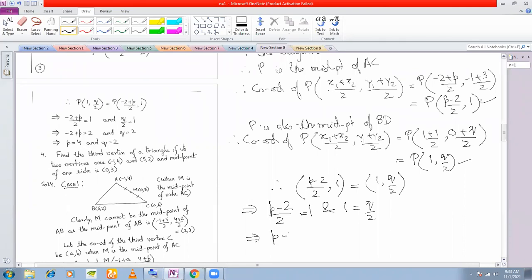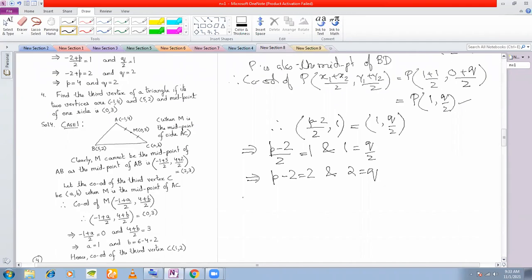Both the equations: p minus 2 is equal to 2 and 2 is equal to q. So that means you get p is equal to 2 plus 2, which is equal to 4, and you're getting q is equal to 2. Okay, so that is what you have to find. So the value of p is 4 and the value of q is 2, and that's your answer. Any question here? So I'll stop here.